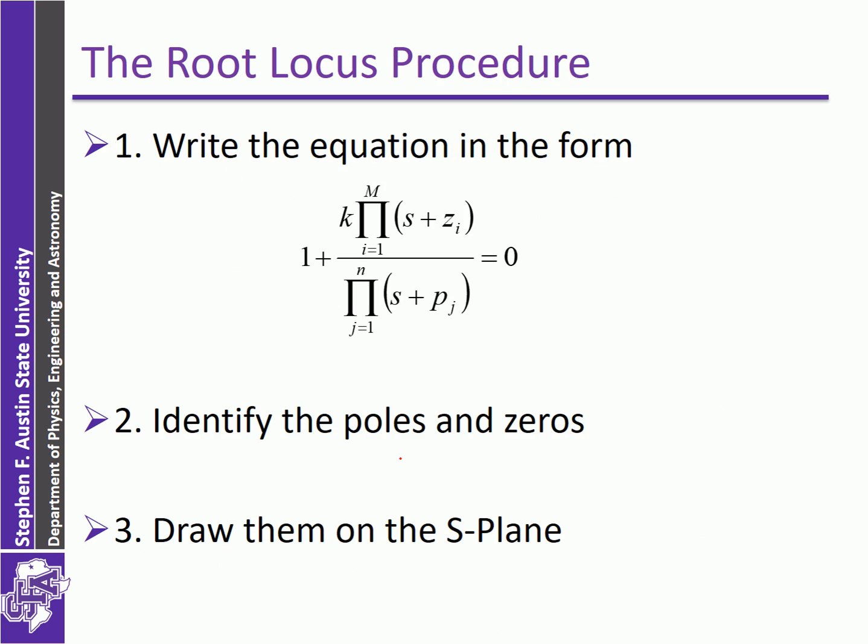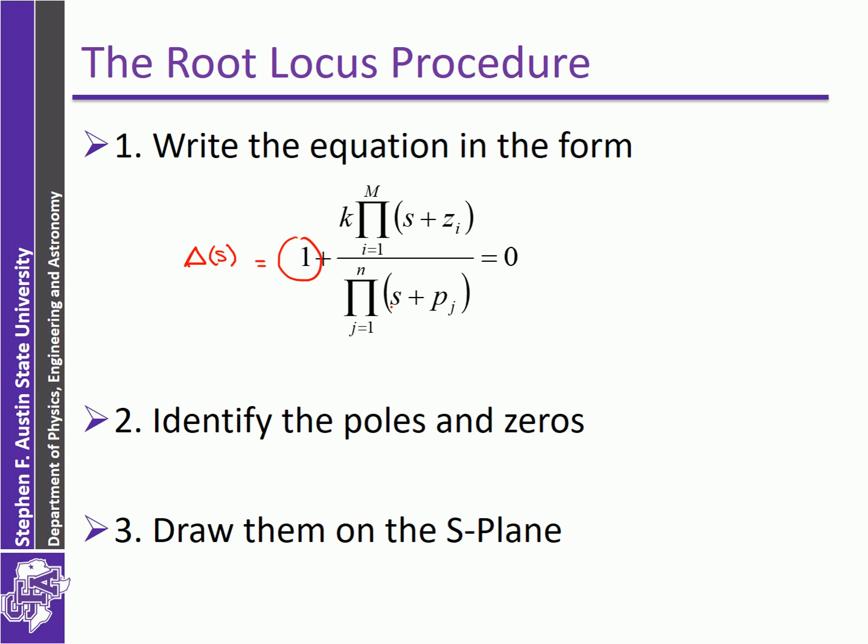So let's go and talk really quick about the procedure. The first thing we need to do when we are working the Root Locus method is grab our characteristic equation, our delta s, and put it in this form: 1 plus a polynomial, or basically an equation that has the zeros on the top and the poles at the bottom.